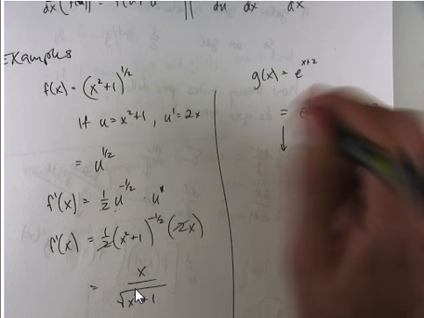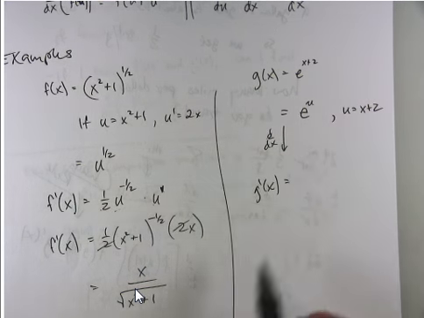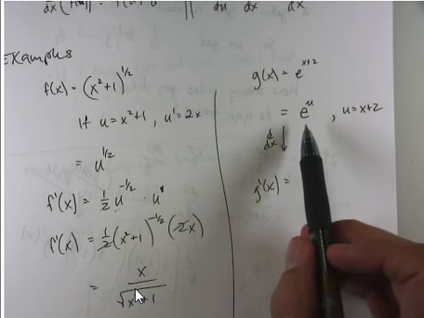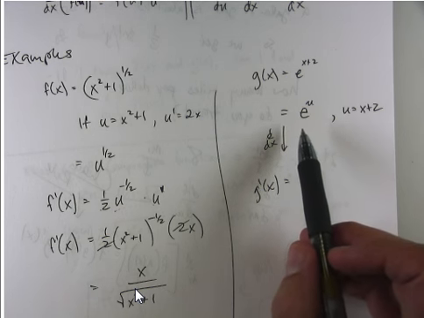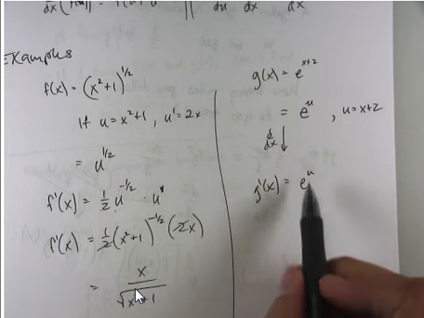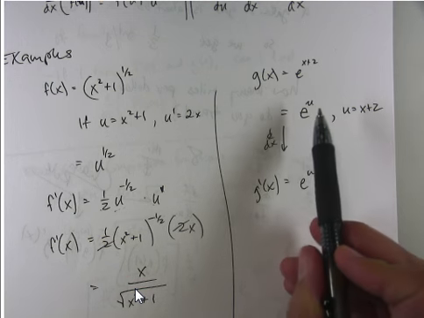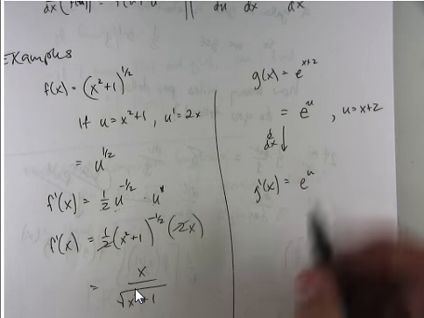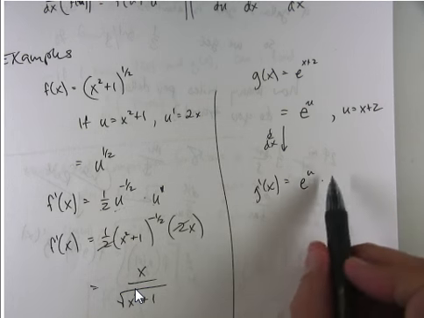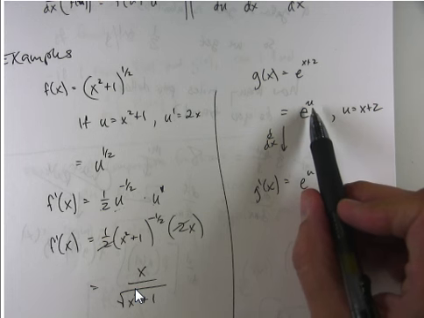So if I want to take the derivative with respect to x here, g prime of x is what? The derivative of e to the u is e to the u. Doesn't change. But this is a u, not an x. So if I differentiate with respect to x, I have to use the chain rule here and multiply by the derivative of that expression.